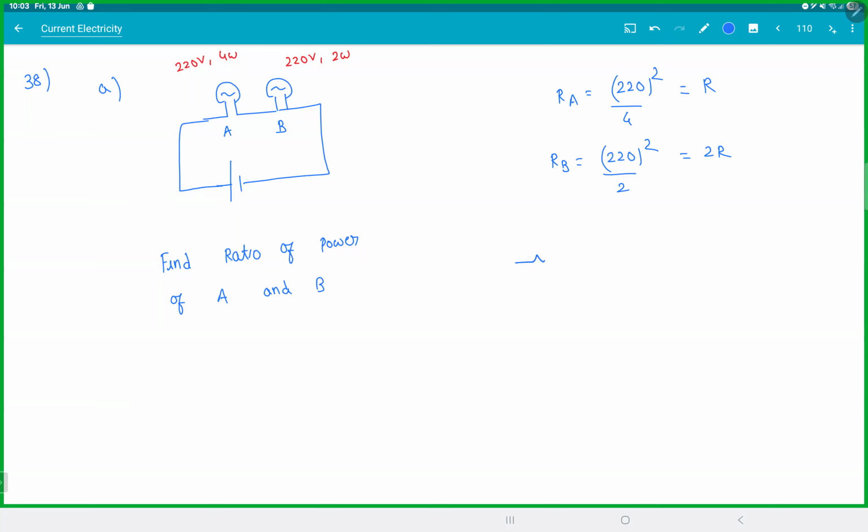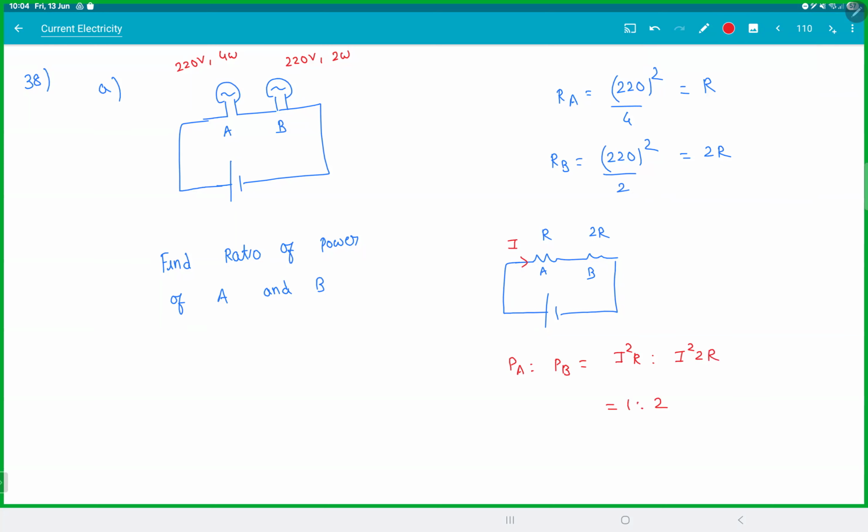So let's redraw the circuit. This will be R and this will be 2R, A and B. Since both are in series, the same current will flow. So power at A is to power at B will be I square R is to I square 2R, which is 1:2.